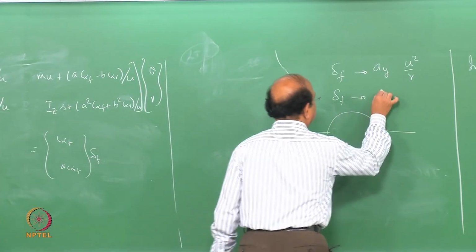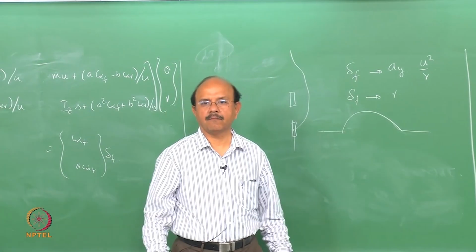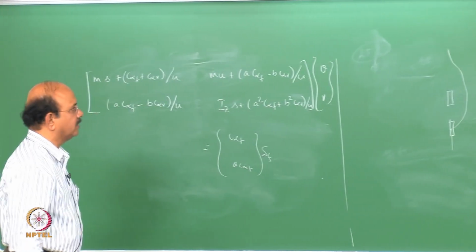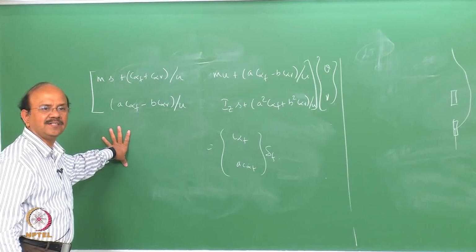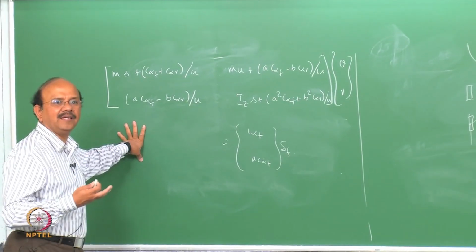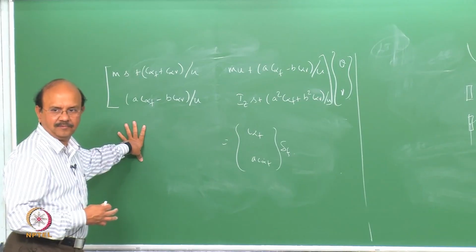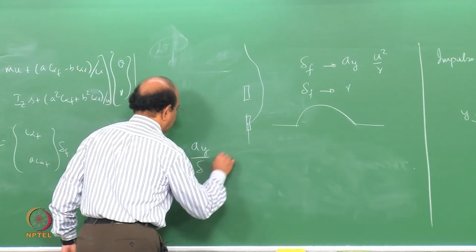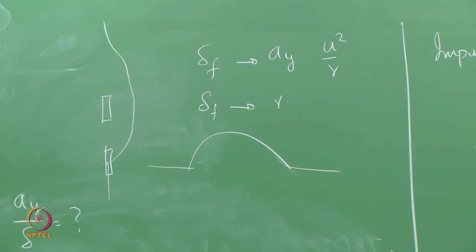So that is r, right? What's the response to this? Now, how am I going to determine that from this expression? In our control system language we call this the gain. That is the lateral acceleration gain.